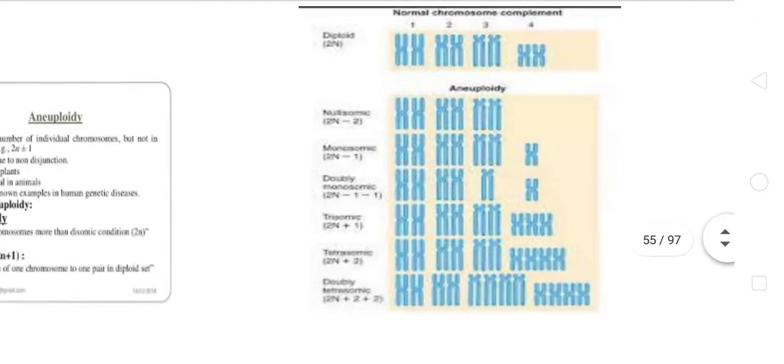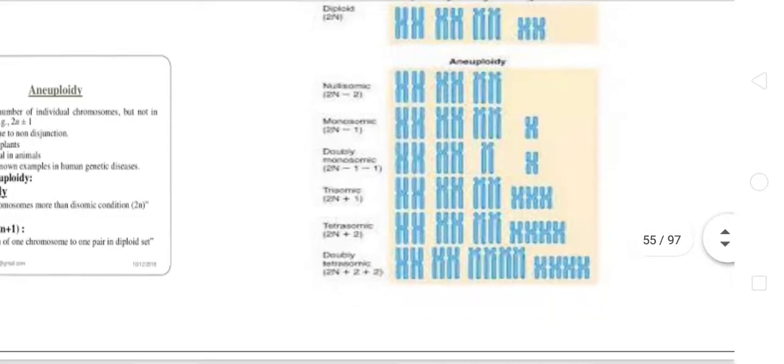Just observe the pictures. Above, the organism has 4 chromosomes. They are diploid in nature. Whereas in aneuploidy, the first type is called nullisomy. Nulli means the 4th chromosome, 2 chromosomes are lost, 2n minus 2. The next type is called monosomy. Here 1 chromosome is lost, 2n minus 1.